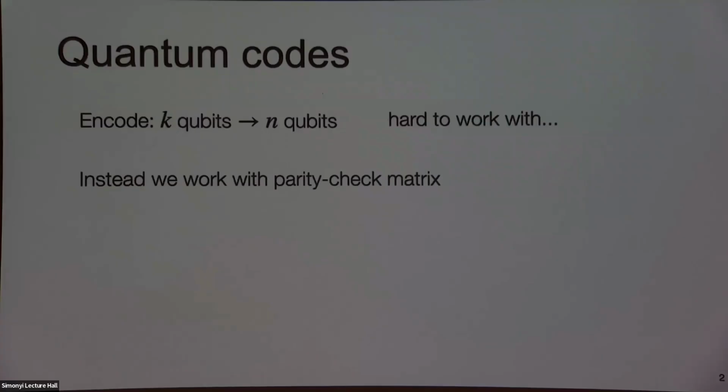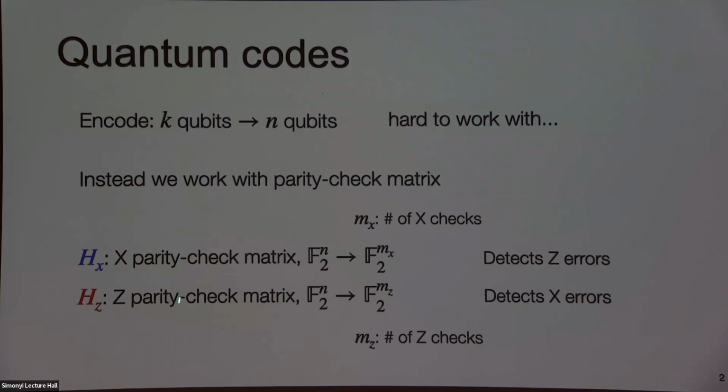Instead, people work with parity-check matrices. In particular, here we'll have two parity-check matrices, HX and HZ, and we'll think of them as linear maps from F2^n to F2^MX and F2^MZ. Here MX and MZ are the number of X checks and Z checks. HX detects the Z error, and HZ detects the X error.